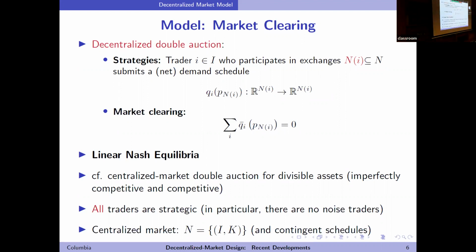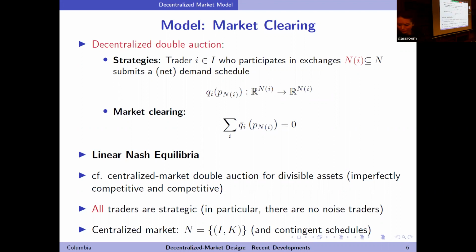In the centralized market, you submit a fully contingent demand, even though the second asset is not part of your set. In the centralized market, we assume that all traders participate in the trade of all assets. That's the assumption of the centralized market model. I see. Okay, I got you now.